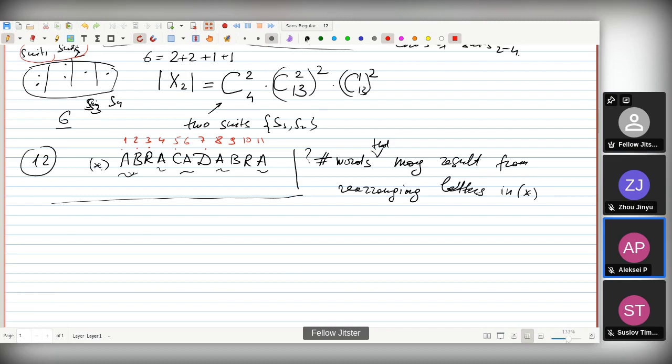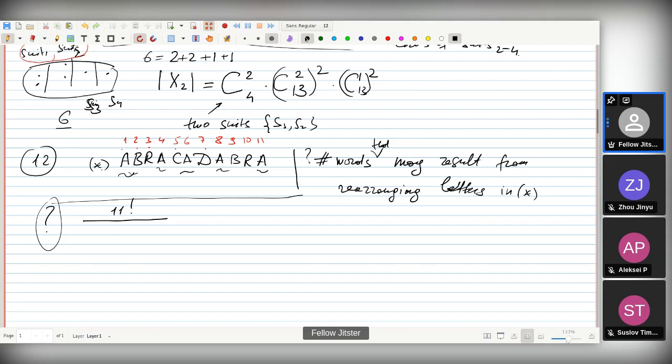Divide by the number of similar letters factorial. Of course, but why does it work? It's true. So the answer you propose, as far as I can understand, is something like that. Let us consider all possible permutations, and then look.